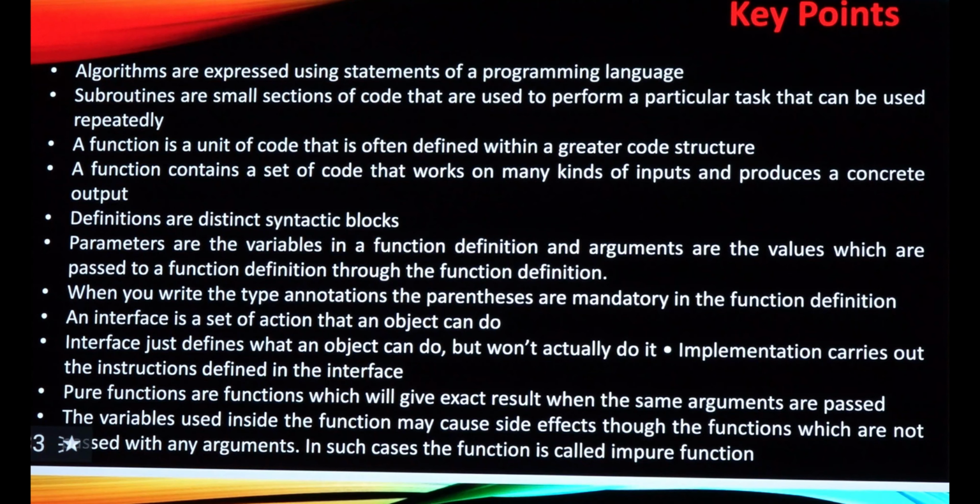When writing a type annotation, the parentheses are mandatory in the function definition. An interface is a set of actions that an object can do. An interface just defines what an object can do but won't actually do it. Implementation carries out the instructions defined in the interface. Pure functions give the exact same result when the same arguments are passed.